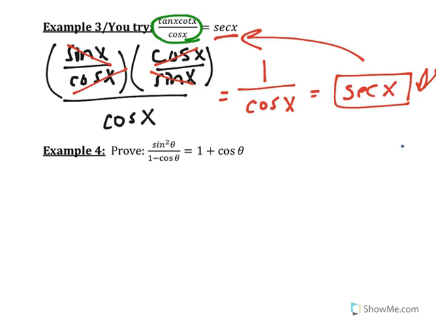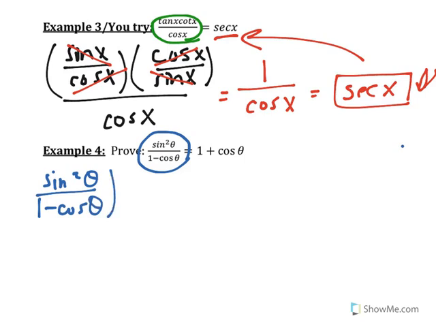So on the next one, it's easier to break it down than build it up. If there's one side that has a fraction, you start with that side. So I see sine squared on top over 1 minus cosine. Now, I've been telling you guys over and over, and we've been seeing this. Whenever you have a 1 minus cosine or a 1 minus sine, if it's not squared, you cannot make it a Pythagorean identity.